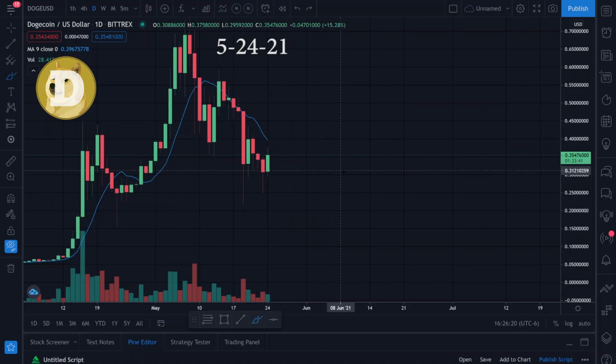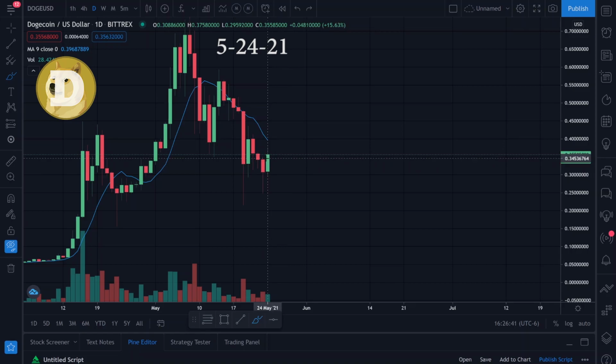As long as we're below it, technically we're bearish, but we are coming up and testing it. And this is on the total market cap, and Bitcoin and Ethereum, all the cryptos are basically doing the same thing. We're testing this daily moving average right now. If we can break above this, we're probably going to get a good little move.